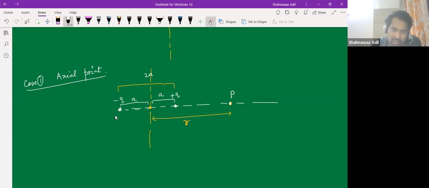So let's say this is A and this is B. Now you tell me, at this P point, how many contributions of electric field would be there? How many charges are there?